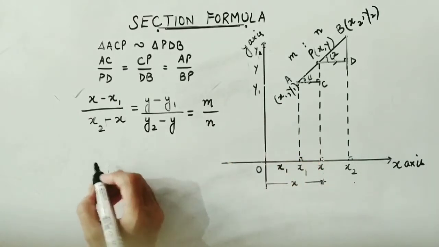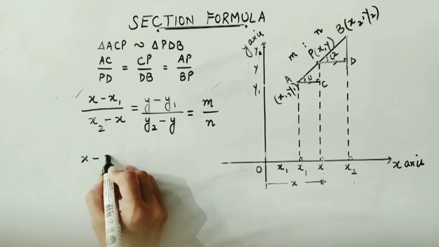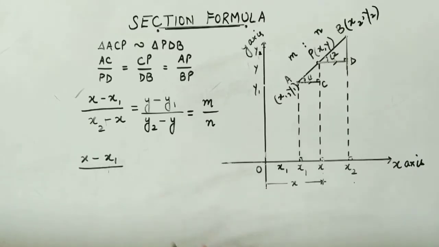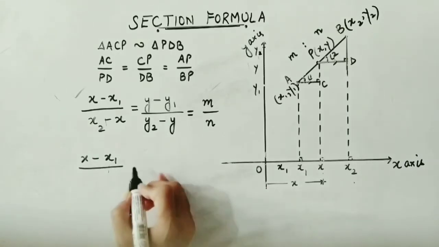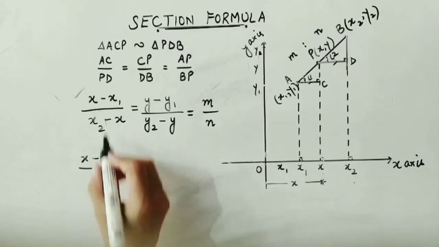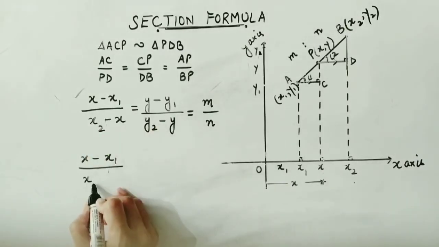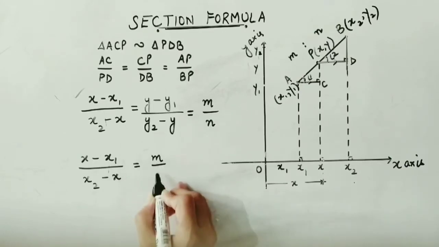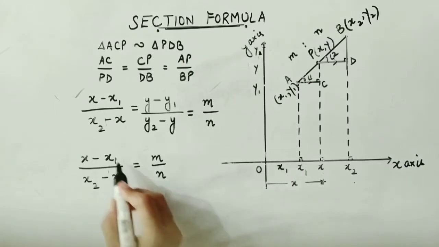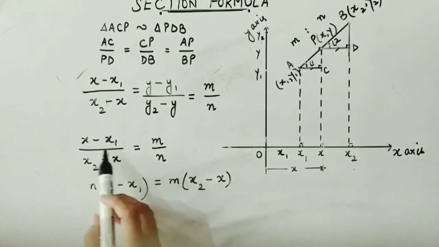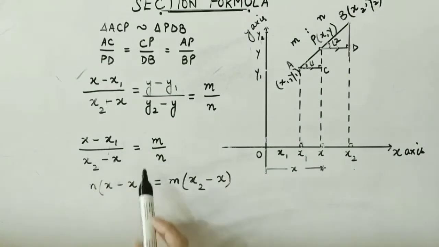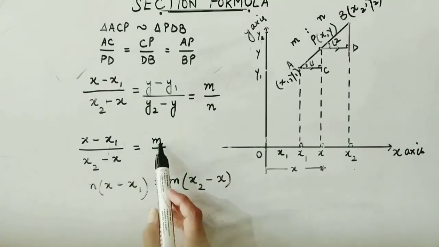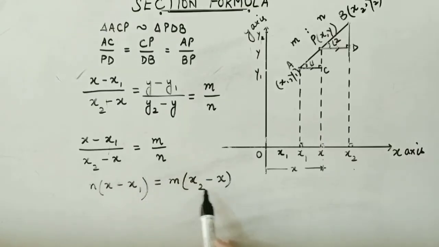So x minus x1 upon x2 minus x equals m is to n. Next step, n is multiplied by x minus x1 equals m multiplied by x2 minus x. Let's do the multiplication.